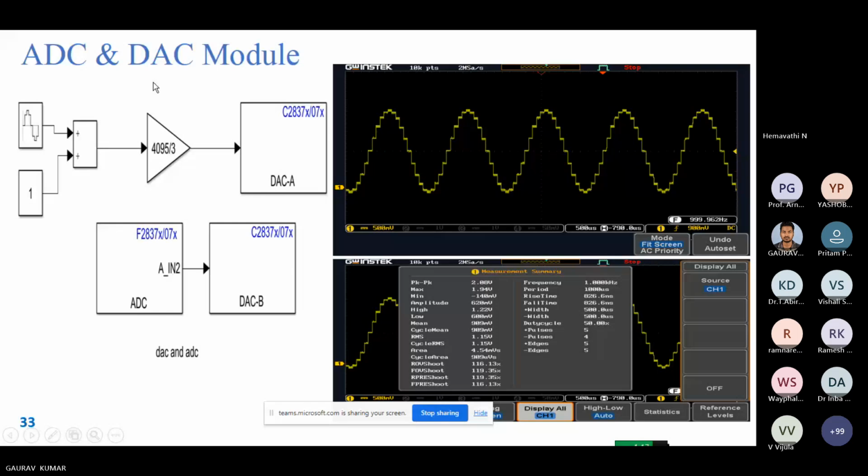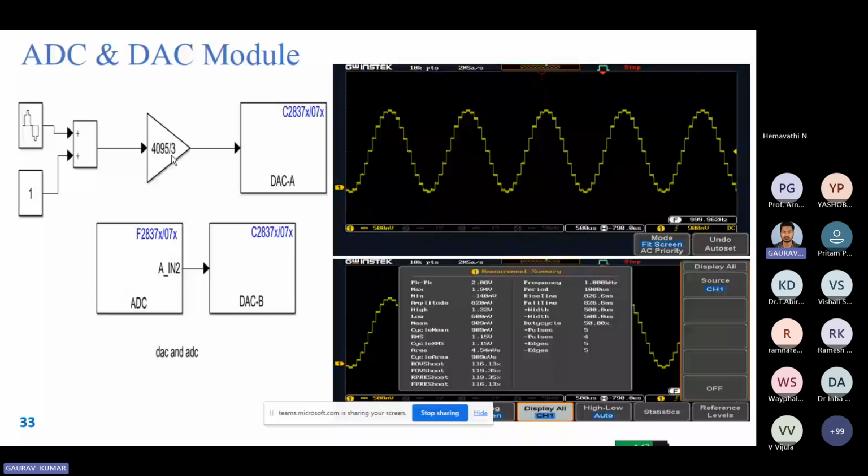Now we want to convert it into a digital value, because I am using the DAC channel and I want to see the output with the help of the DAC channel. So how will I convert it into a digital value? We know 3 volt corresponds to 4095 in digital data.